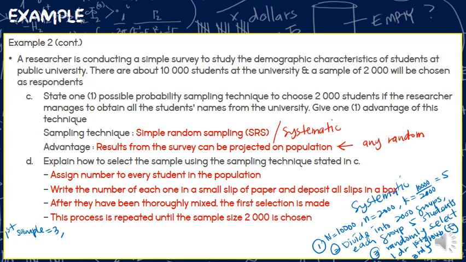Sebab K awak 5, sampel kedua adalah 3 tambah 5. Orang yang ke-8. Siapa sampel ketiga? Tambah lagi 5. 13, 18 dan seterusnya. You tambah 5, 5, 5, 5. Sampailah you akan ada a total of n sama dengan 2,000.